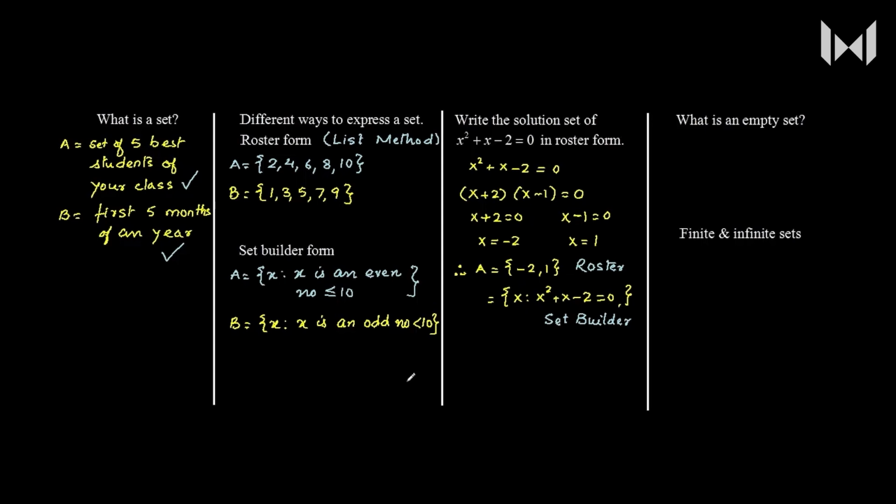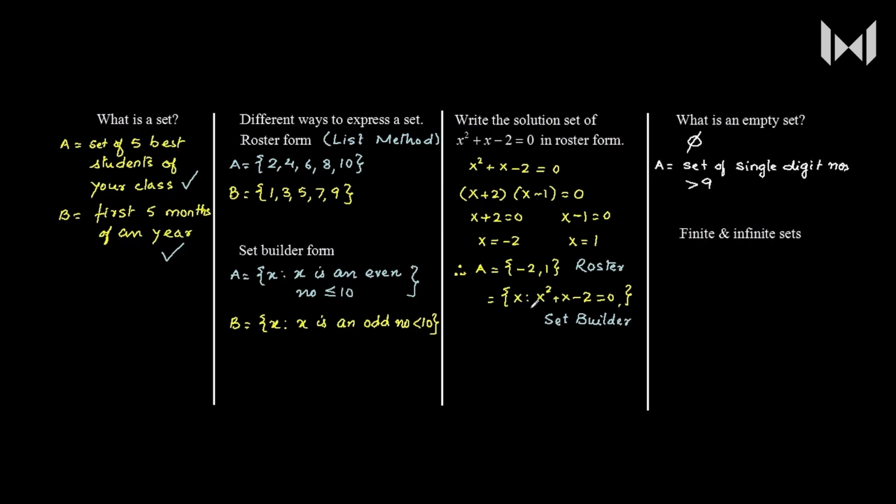Now coming on to what are empty sets. Sets which do not have any element inside them are called empty sets, and they are also called a null set and are represented by this symbol. So any set which does not contain an element, for example, a set of single digit numbers greater than 9.